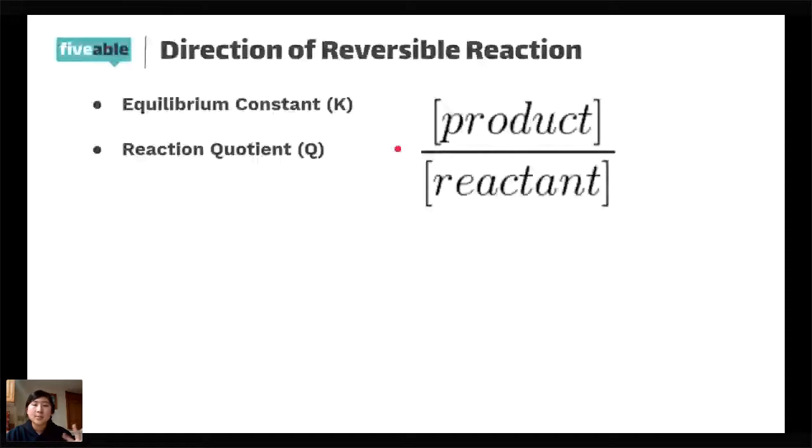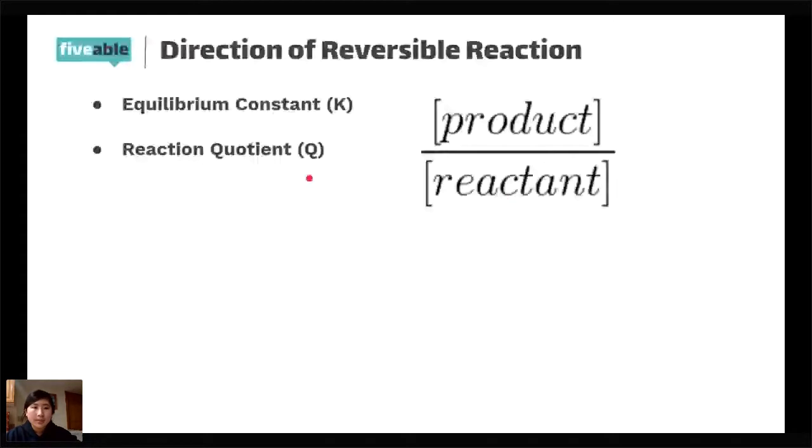And the product is in brackets because it represents the concentration of the product. And the reactant is also in brackets because this represents the concentration of the reactant. So if you guys remember what concentration is, it's moles over liters. So it's basically the number of moles per liter of whatever solution you have. So yeah, that is the concentration.